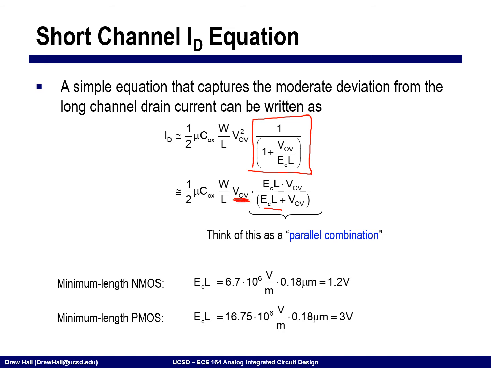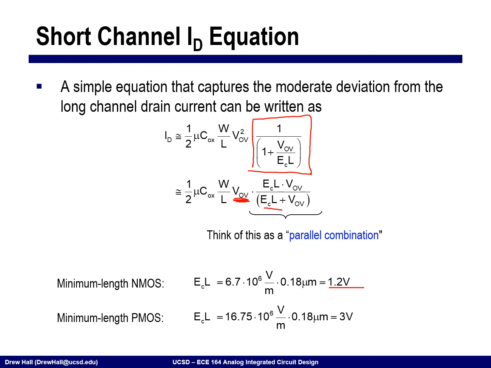Okay? And to get a better feel for this, let's just look at some numbers again for 0.18. If I had the critical electric field times L, 6.7 megavolts per meter times 0.18 micron, that gives me an overdrive voltage of 1.2 volts. For a PMOS device, the critical electric field is a little bit higher.